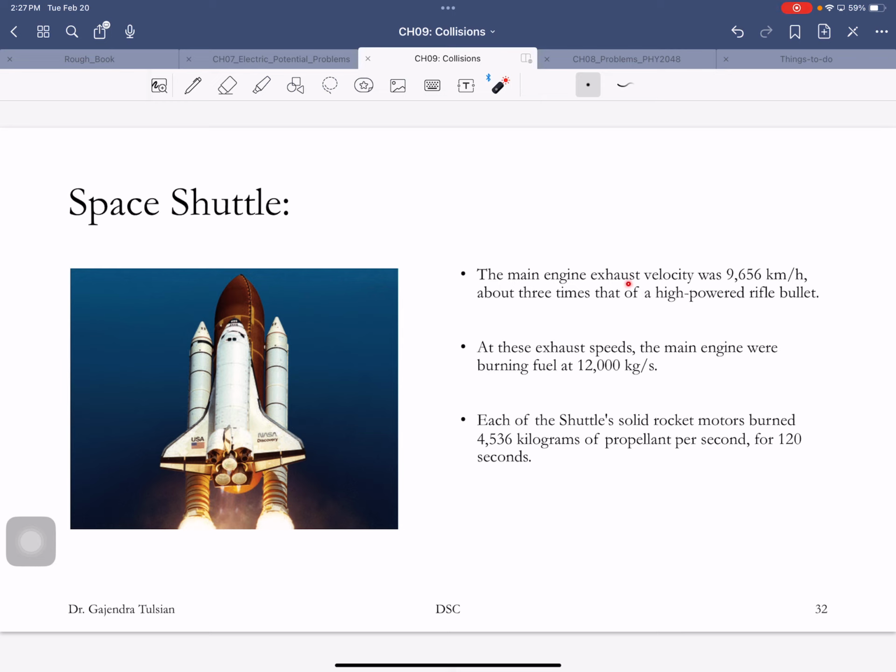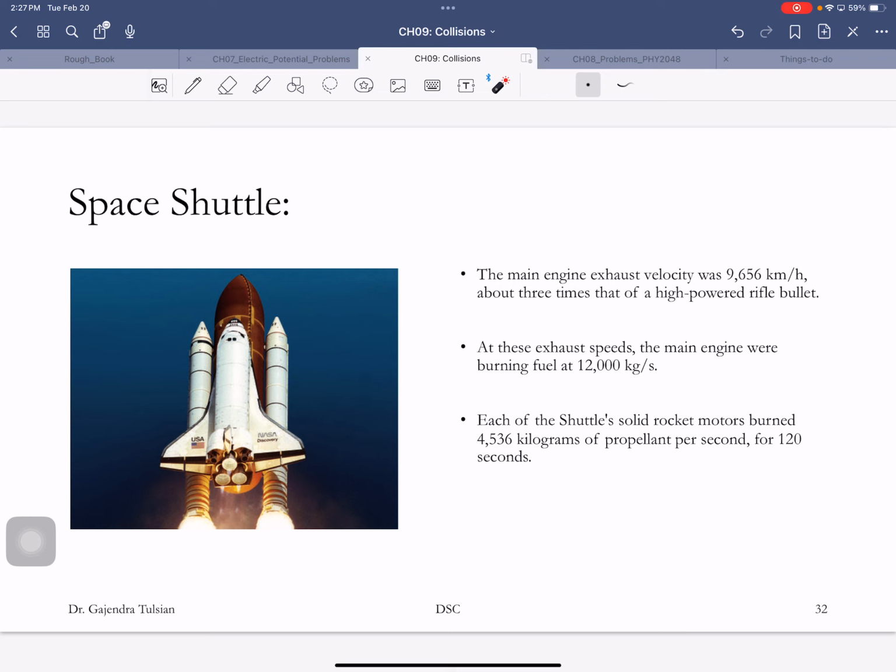The main engine exhaust velocity was 10,000 kilometers per hour, about 3 times the speed of a high-powered rifle bullet. At these exhaust speeds, the main engines were burning fuel at a rate of 1,200 kg per second, which is the weight of 12 small cars a second.